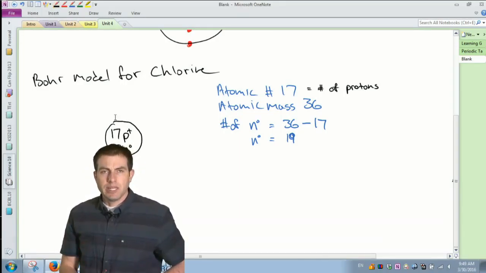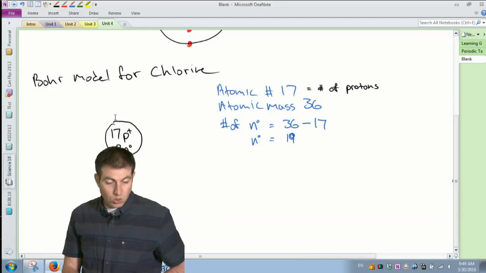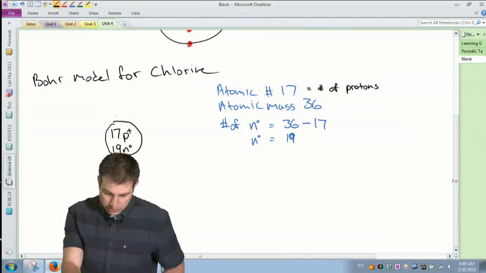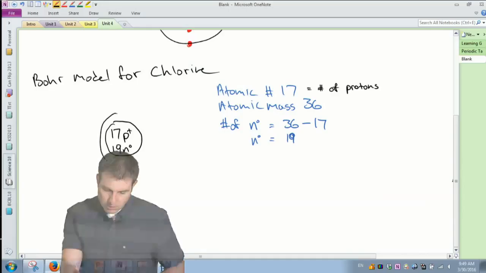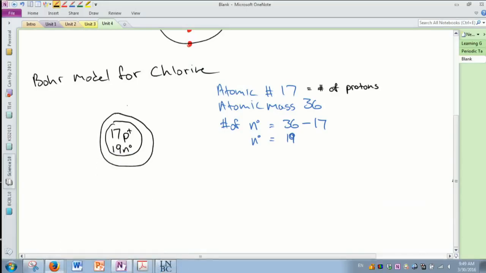Now we need to figure out how many electrons there are. So does anybody remember how we figure out the electrons in an atom? If we have 17 protons, how many electrons do we have? 17. I see a vote for 17 from Avery. I like it.